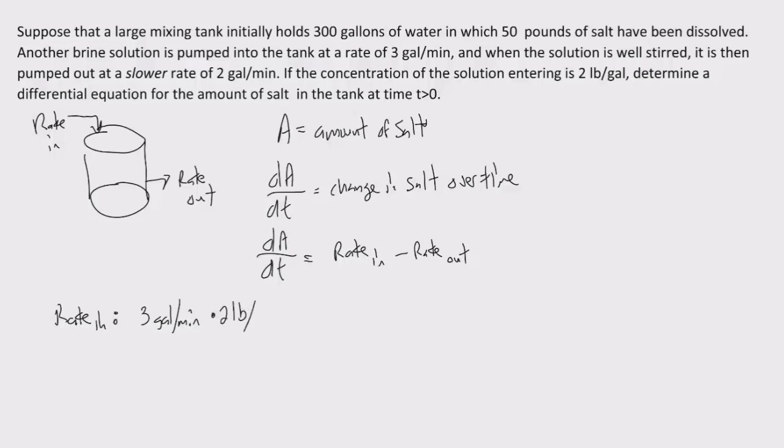So that calculation gives me a quick conversion of how many pounds per minute of salt are going in. We'll divide out our gallons, and that gives me 6 pounds per minute. So over time, the salt solution going in is increasing things at 6 pounds of salt per minute. Okay, what about the rate going out?